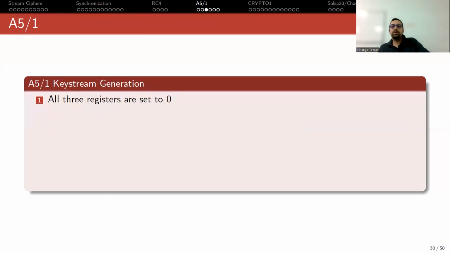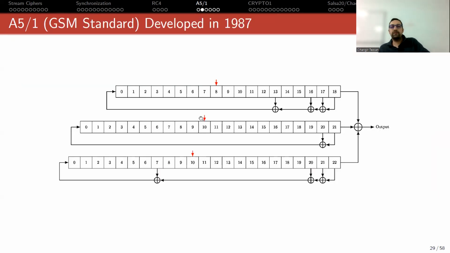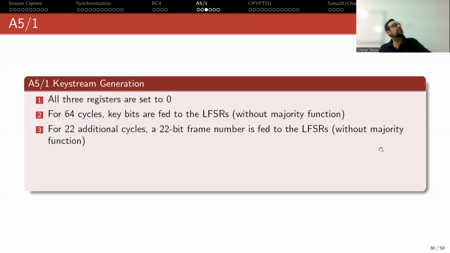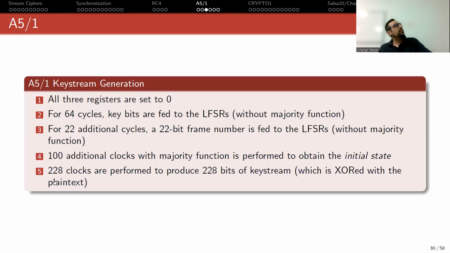After that, there will be zeros and ones here, and that will be your initial state. From this point on, you will be generating key stream. So 228 clocks are performed to produce 228 bits of key stream, which is XORed with the plaintext. When you produce the key stream, you still have to consider the majority function. It is omitted only at the beginning here.